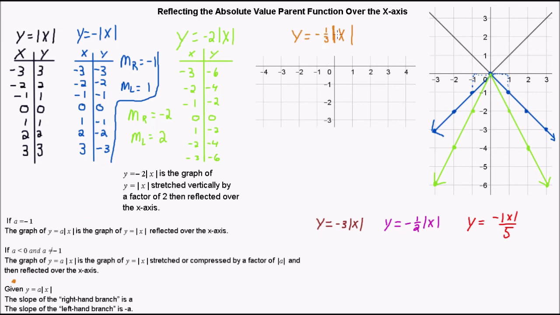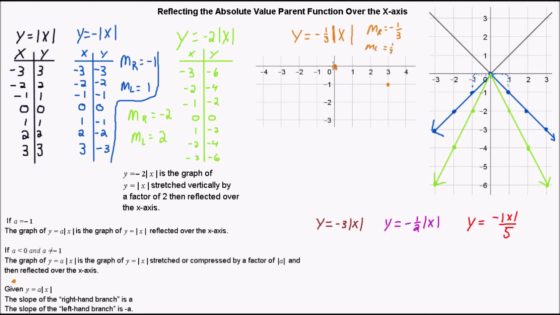Okay, so I know the vertex is 0, 0 because this graph has not been translated horizontally or vertically. And I know the slope of the right-hand branch is -1/3, so I'm going to go over 3, 1, 2, 3, and down 1, because my slope of the right-hand branch is -1/3. My slope of the left-hand branch will be 1/3, which is -a.